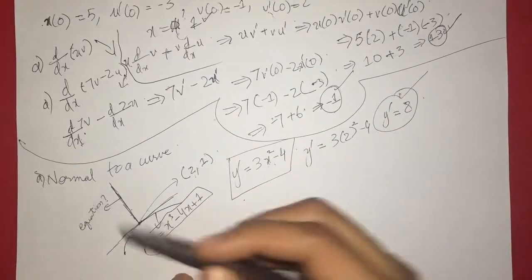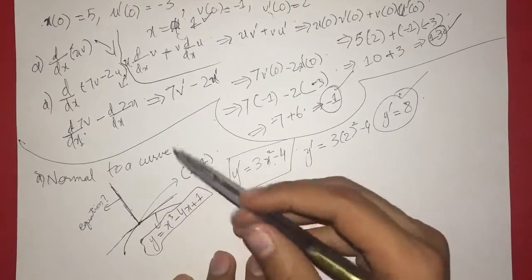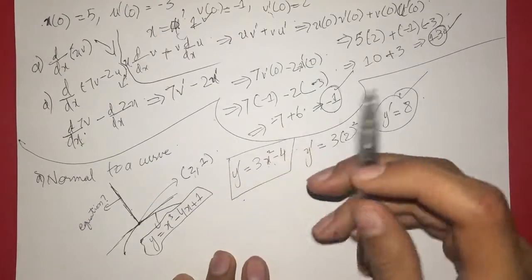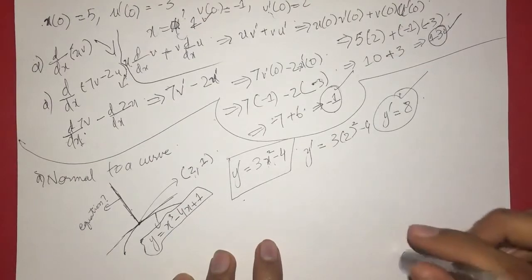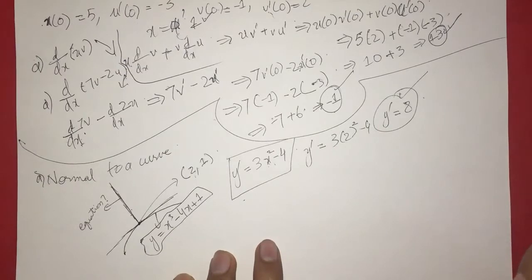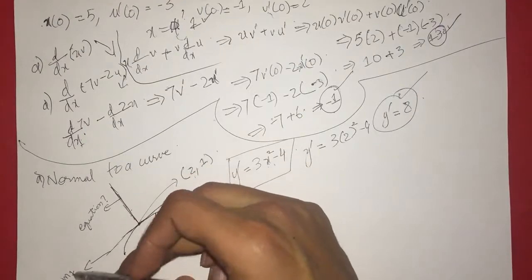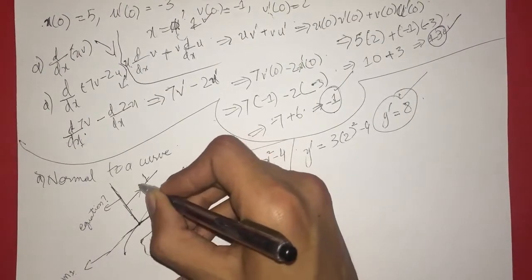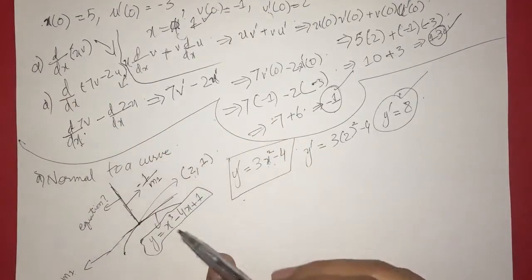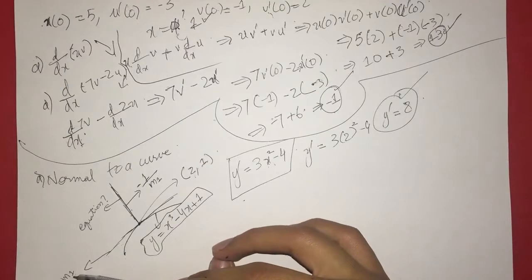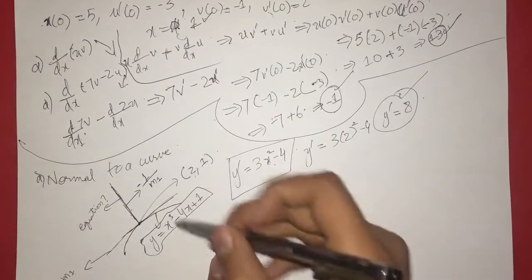We have to find an equation of this line, and we know whenever two lines are perpendicular to each other, that is a normal, the slope of one line will be the negative reciprocal of the slope of the other. So if this tangent line has a slope of m1, the perpendicular line is going to have a slope of minus 1 divided by m1.